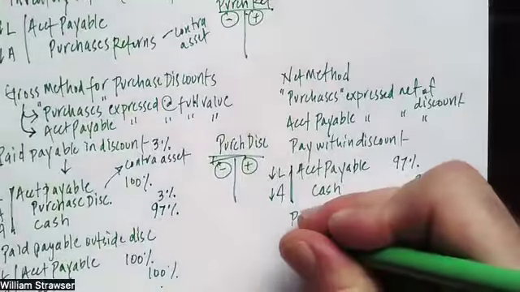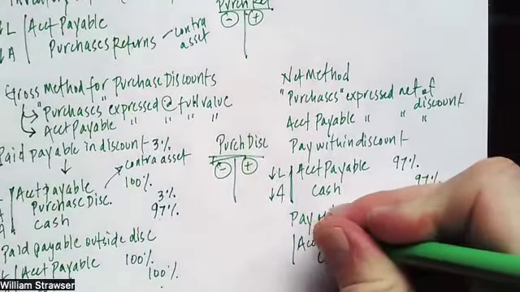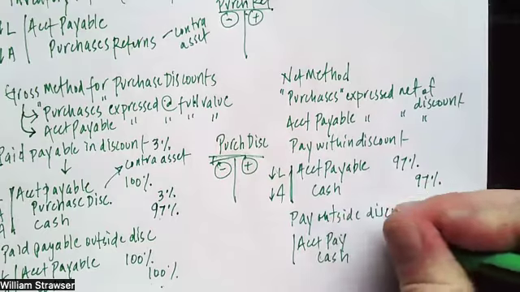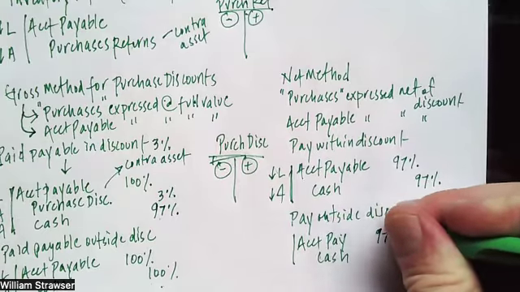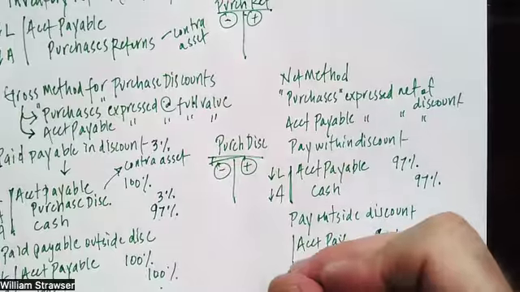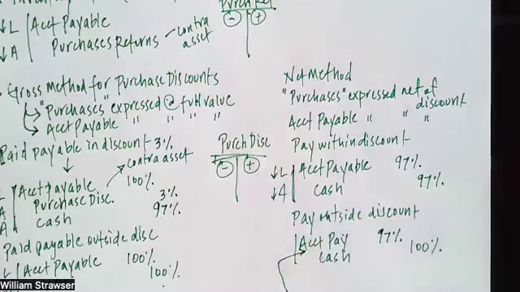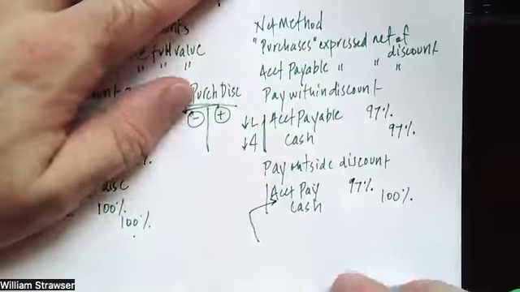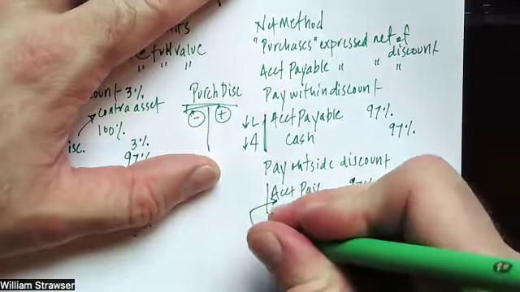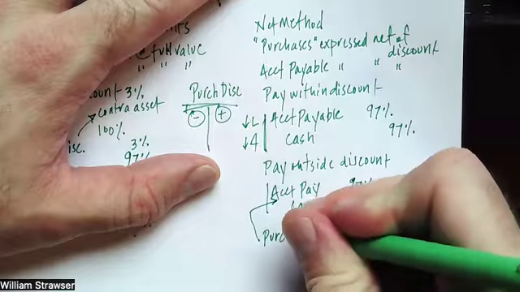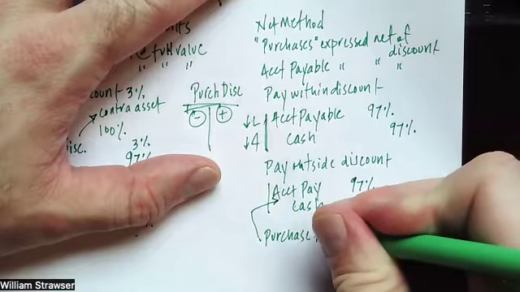So this payable that we recorded, owing people money, was always going to be 97%. I didn't give myself enough room for another debit. So I'm just going to sneak it in here since I used a pen. But the debit that would explain the difference between these two would be purchase discounts forfeited.